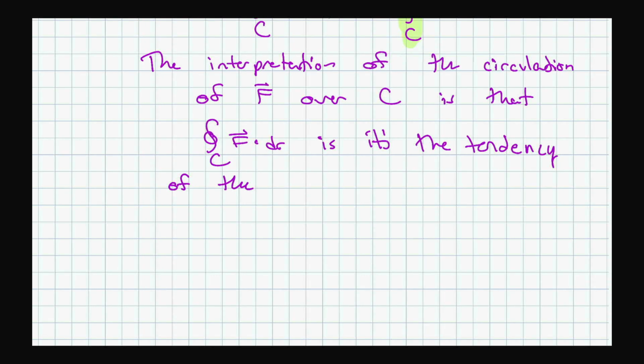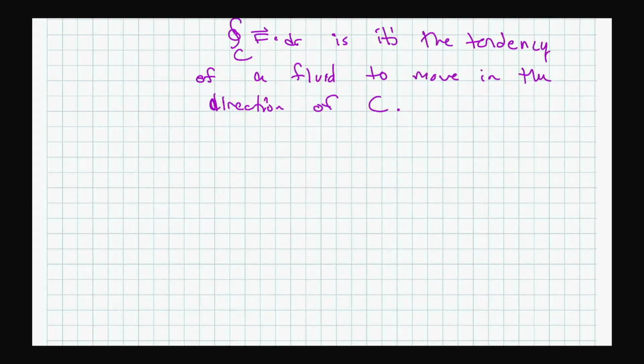Okay. So the tendency of a fluid to move in the direction of C. So let me draw a picture. You could have some kind of vector field, right?